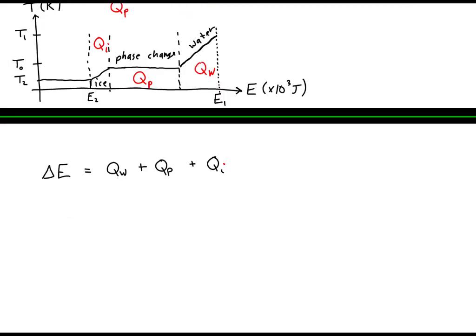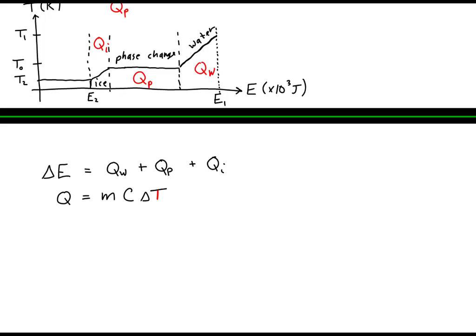Now remember, for solids and liquids, heat exchanged is given by Q equals the mass of the solid or liquid times the specific heat capacity times the change of temperature. This occurs while there are temperature changes, not when there is a phase change.